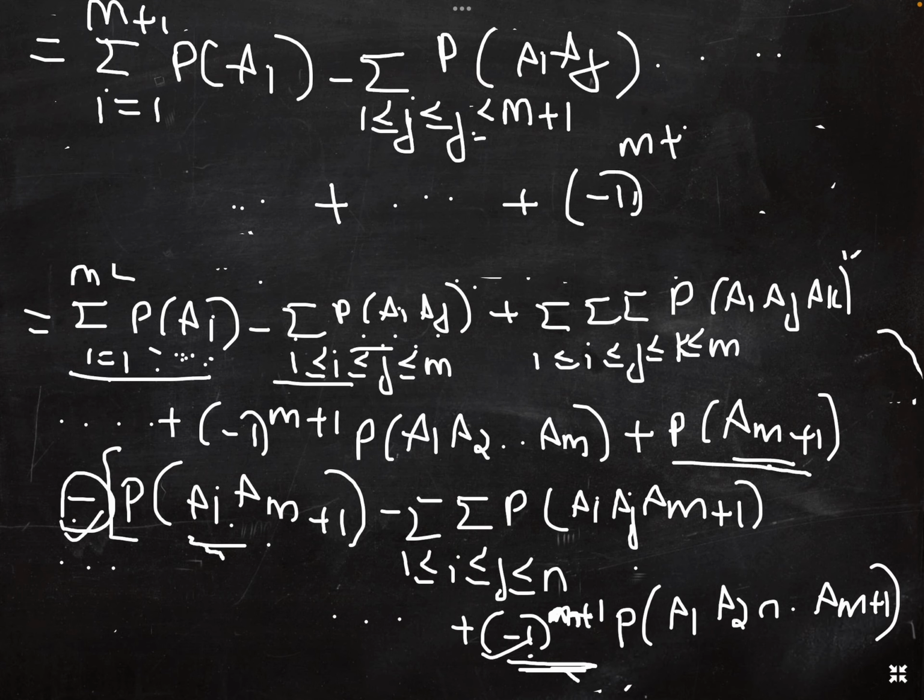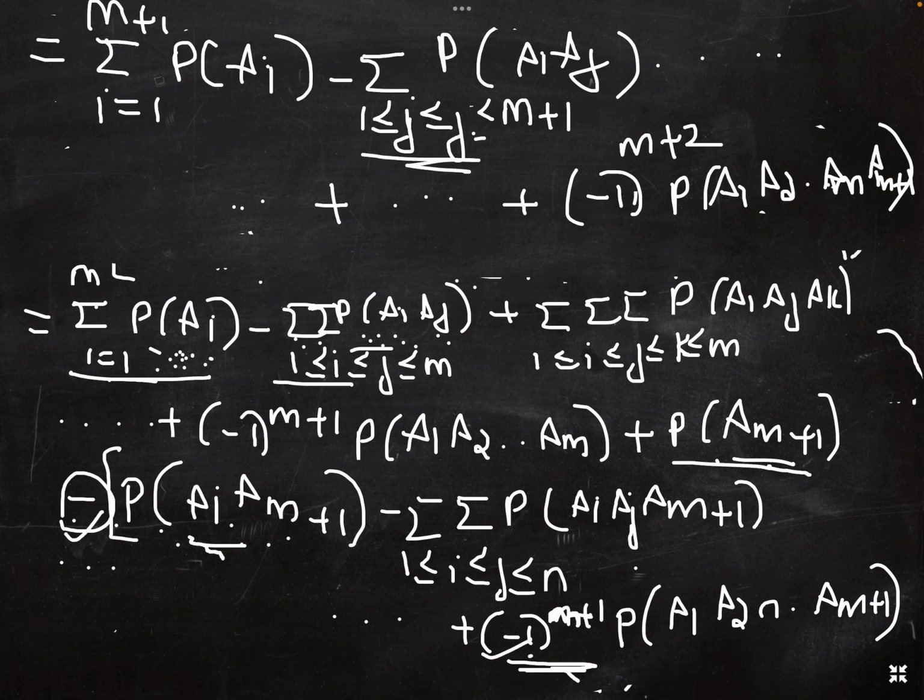Once again, summation i equals 1 of p of ai, that is p of a1 plus p of a2 plus etc. plus p of am plus p of am plus 1. We write like this: summation i equals 1 to m plus 1 of p of ai. Then here summation of p of ai aj, and also this minus, that is minus p of am plus 1.